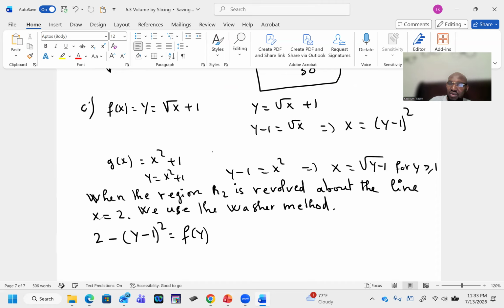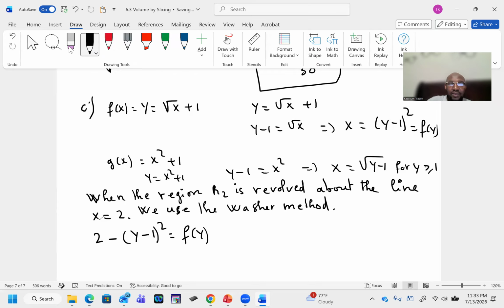So let me call this one my f of y. This one is g of y, okay? So we don't get confused. And to find g of y, that also would be what? 2 minus square root of y minus 1, which would be my g of y.